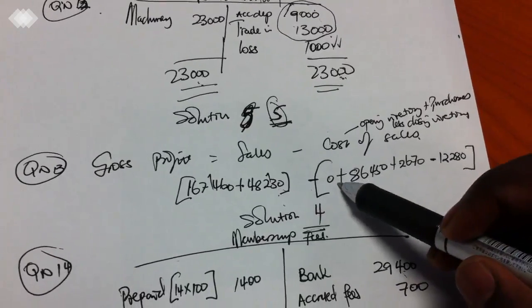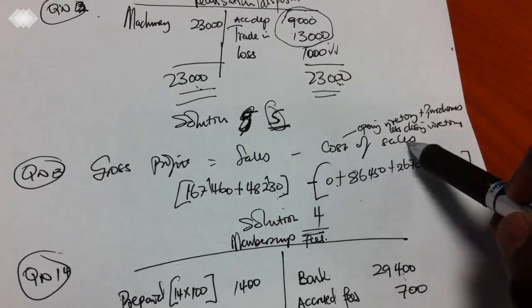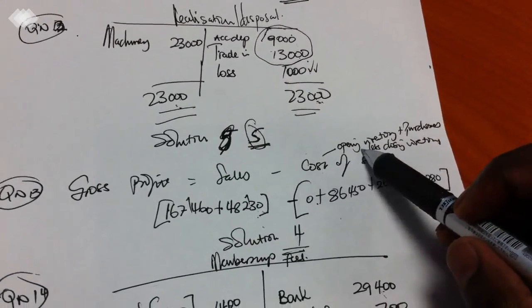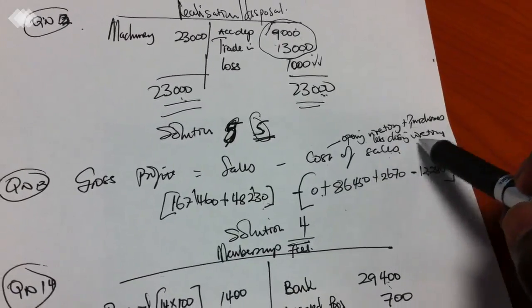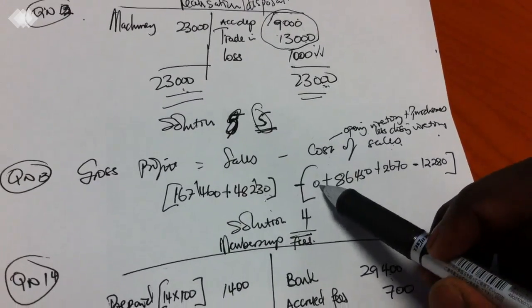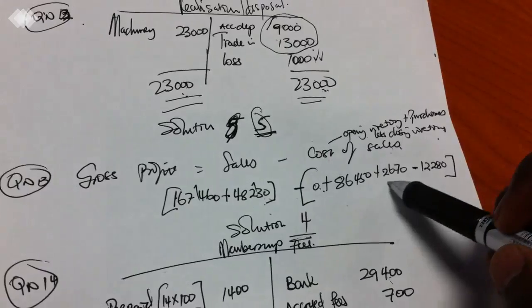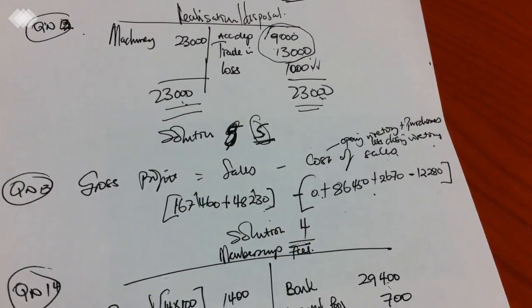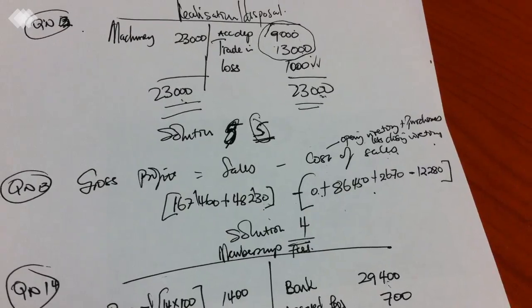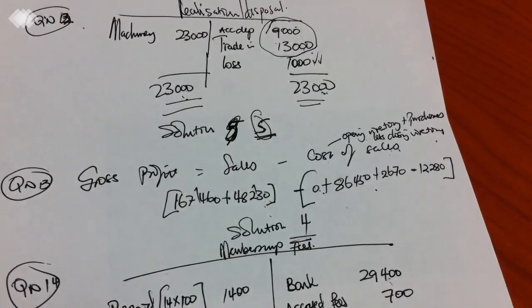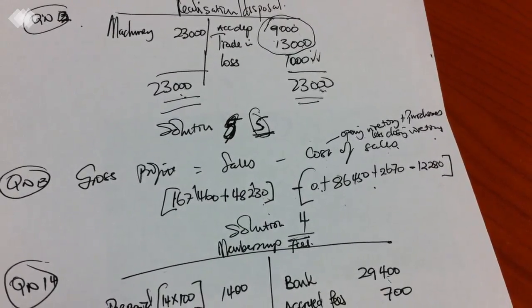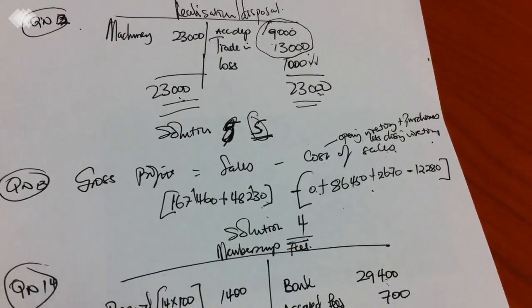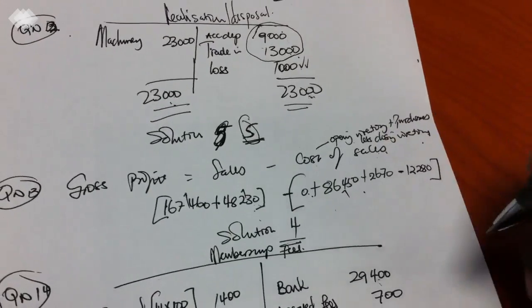minus cost of sales. Do we have opening stock? Cost of sales is calculated by opening inventory, add net purchases less closing inventory. We don't have opening inventory, but we do have purchases, isn't it? With the similar explanation on receivables, we have payments to trade payables, which is obviously a purchase, which is that.